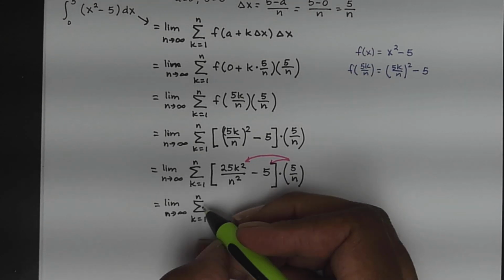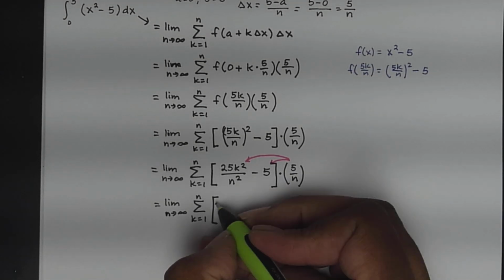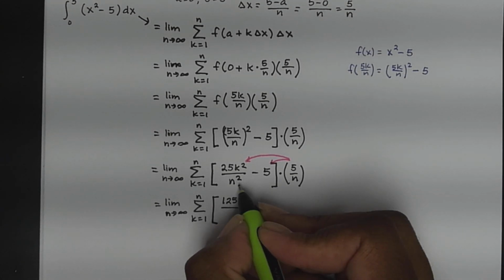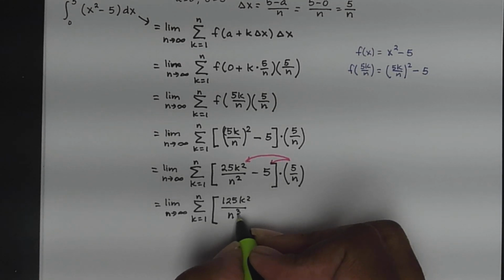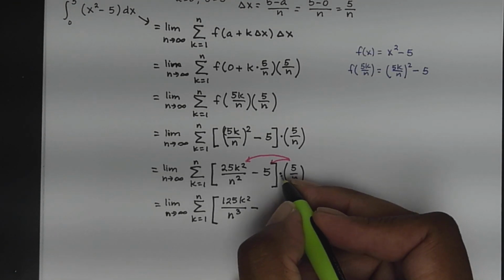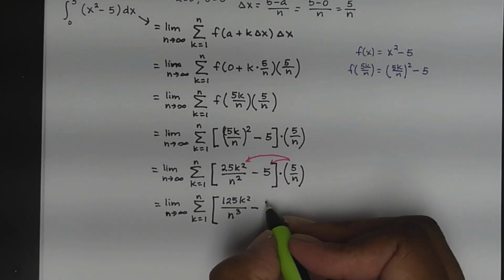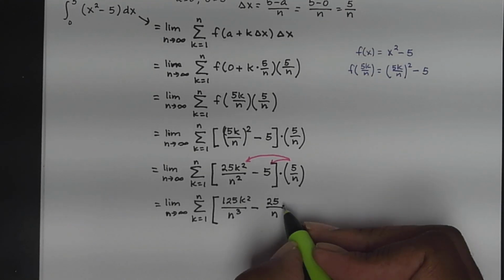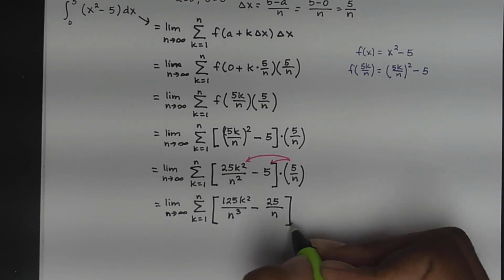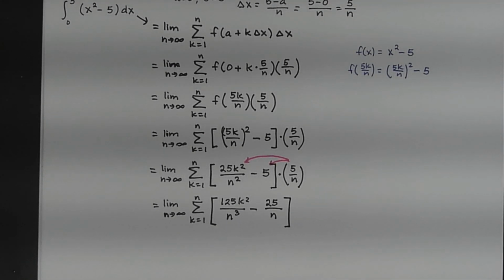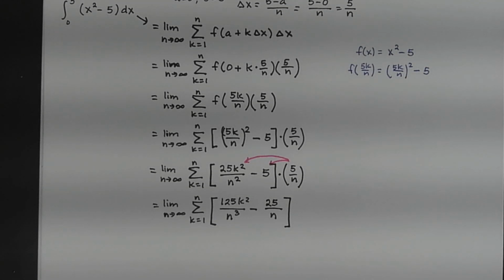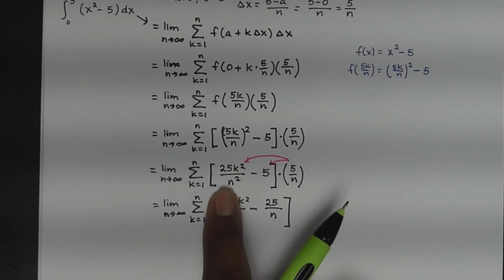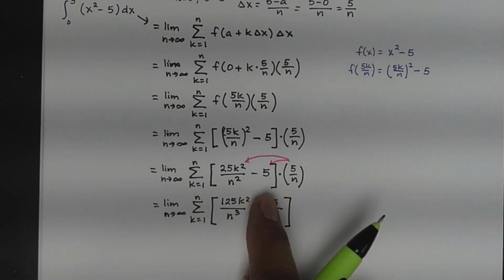Well, 5 times 25 is 125k squared, and n squared times n would be n cubed. Minus 5 over 1 times 5 over n would be 25 over n. So all I did there was distribute the 5 over n over the 25k squared over n squared minus 5.